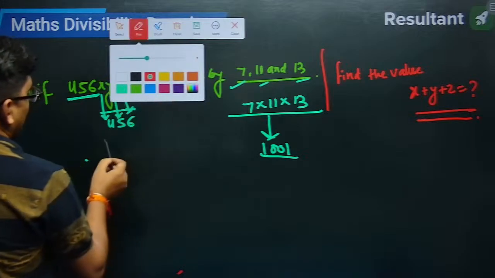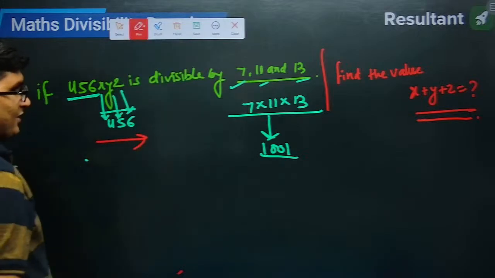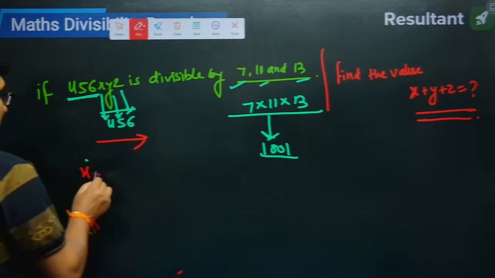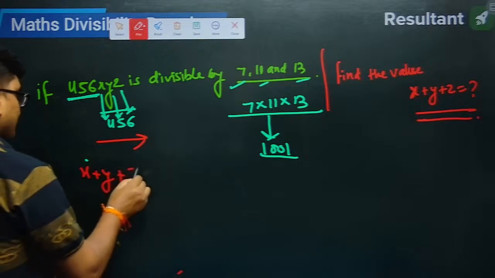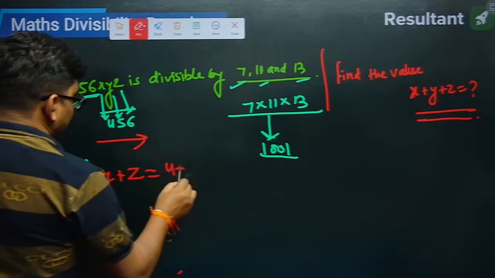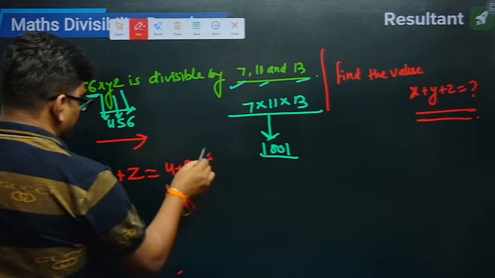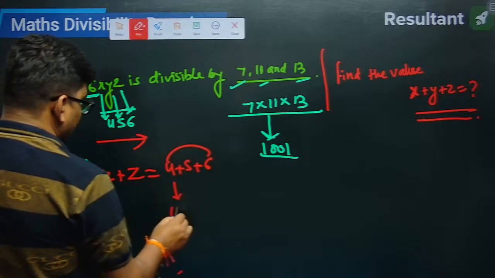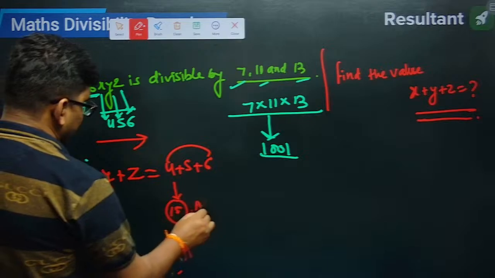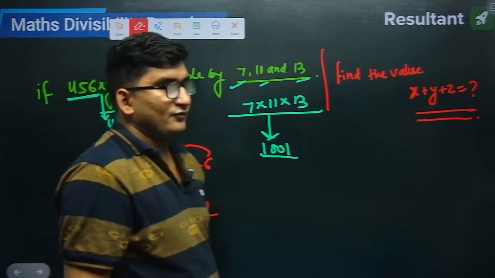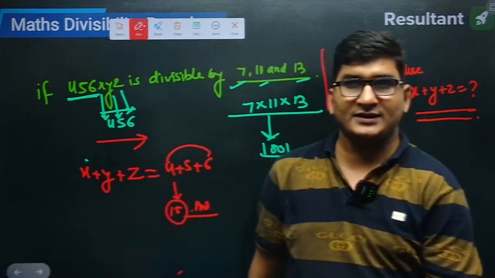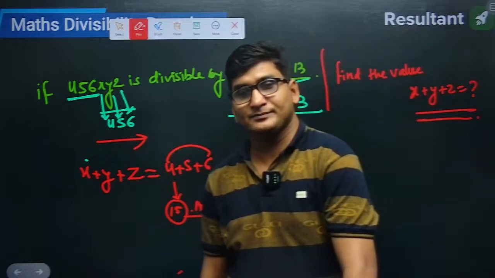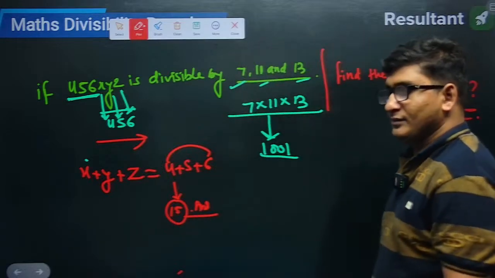So after adding, it becomes what? The examiner wants to know the value of x plus y plus z. 4 plus 5 plus 6 becomes 15. The value of x plus y plus z will be 15. Correct? So again, write it down.